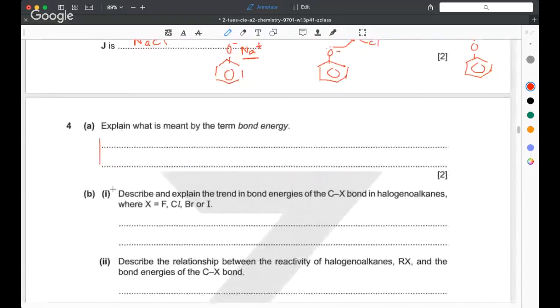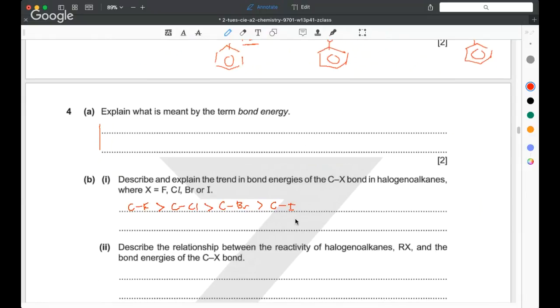The trend in the bond energies is that the C-F bond is much stronger than the C-Cl bond, which itself is much stronger than the carbon-bromine bond, which itself is much stronger than the carbon-iodine bond.